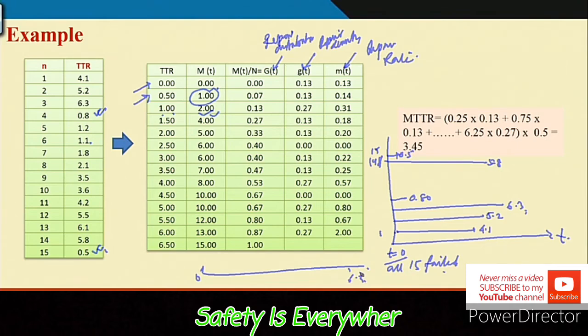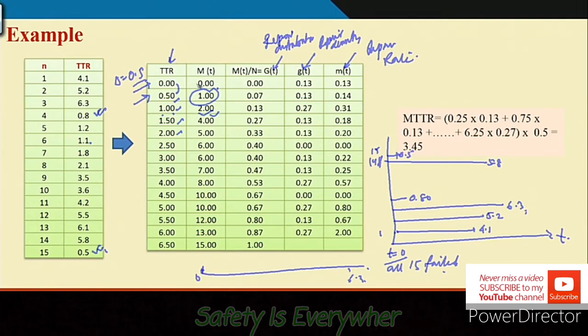Now we have created the TTR, the time to repair for each individual component. We created a general time axis starting with 0 and then an increment of 0.5, so 0, 0.5, 1, 1.5, 2, like this. Let delta be 0.5. Then we find how many components are repaired by each time.